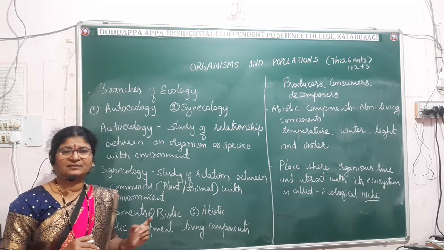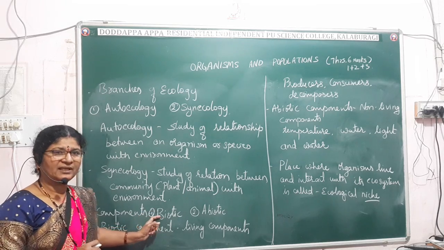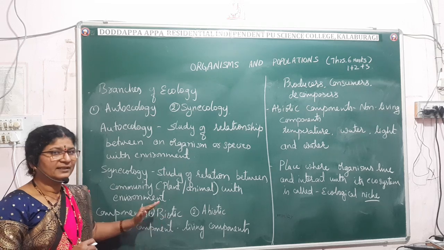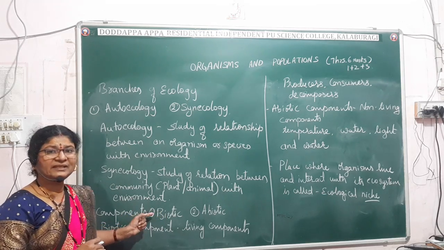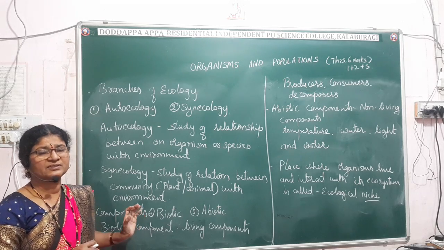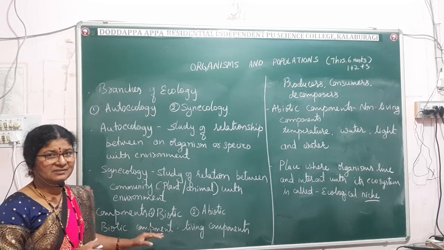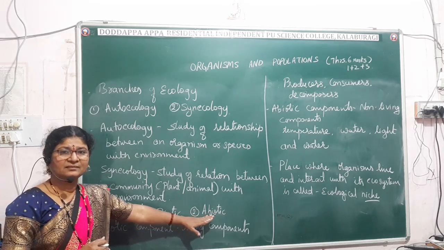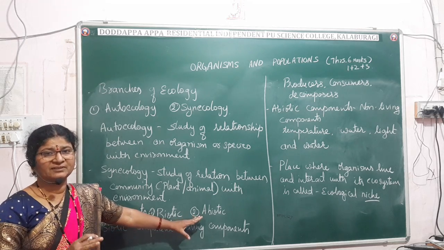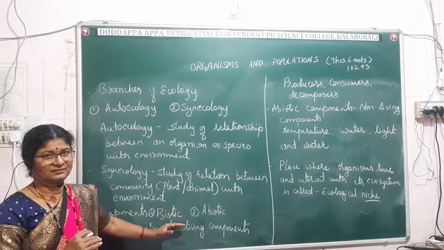Now I told you that in ecology mainly two components are there, that is biotic components and abiotic components. Biotic components include the living components of the environment, all the living entities on the earth, right from the microorganisms to the mammals. Abiotic components are those components which do not have life.